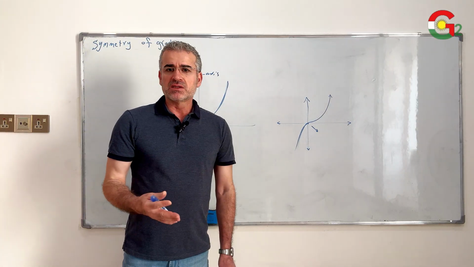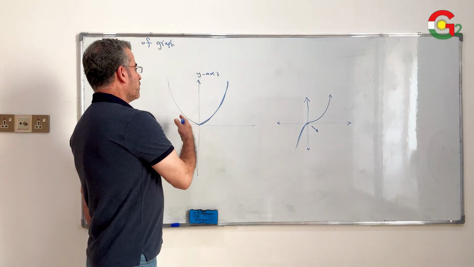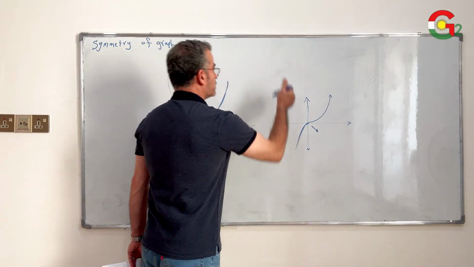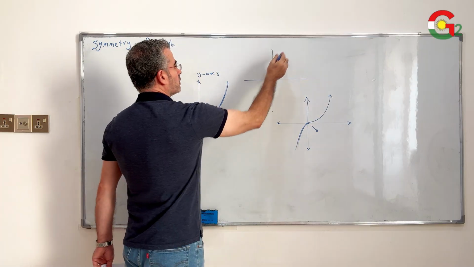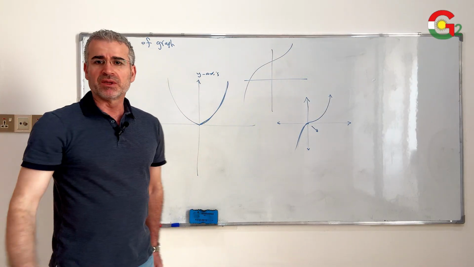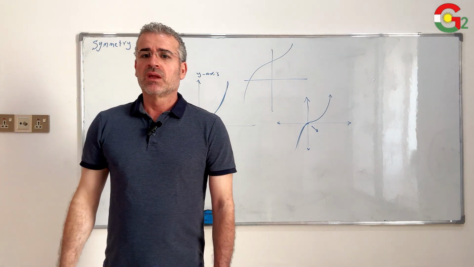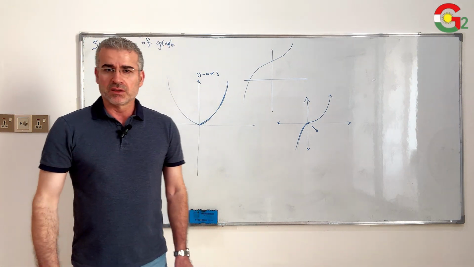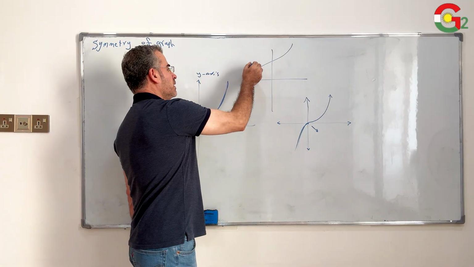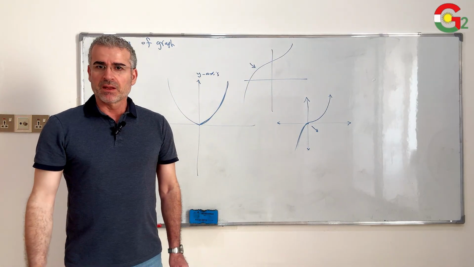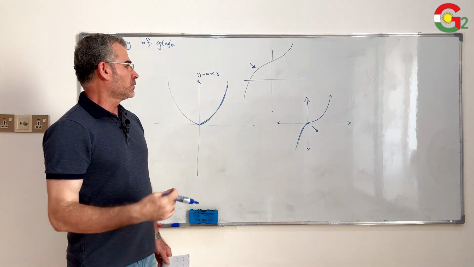Also, the graph is not necessarily symmetric with y-axis or origin. The graph may not be symmetric, neither with y-axis nor with origin. Then we say the graph is neither, not even, not odd.